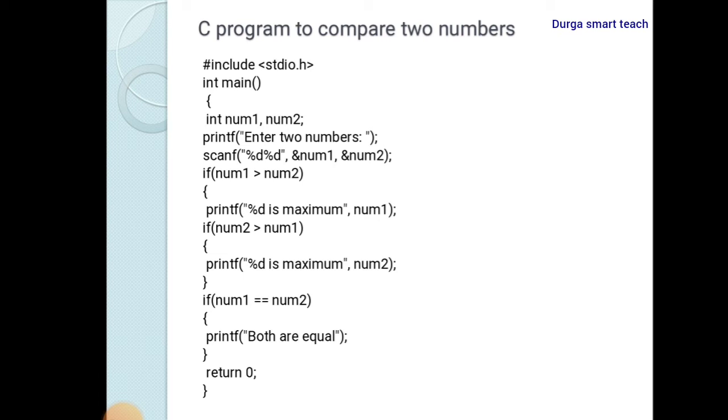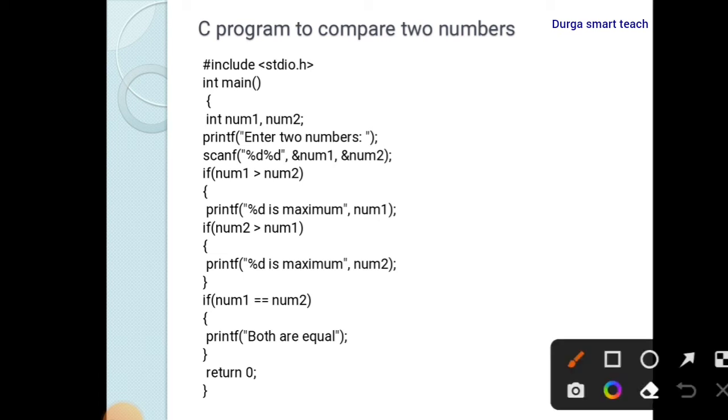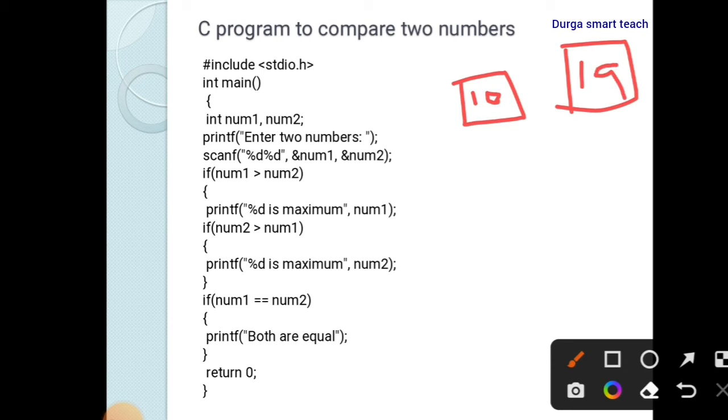Here also we need two variables. One is used to store one value and another is used to store another value. So here the value is 10 and here the value is 19. To compare two numbers, first we need to check whether 10 is greater than 19.